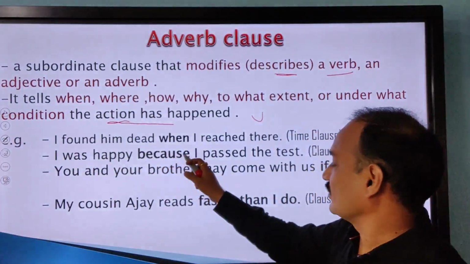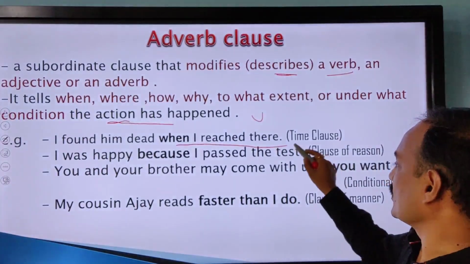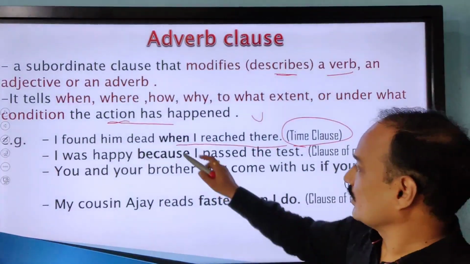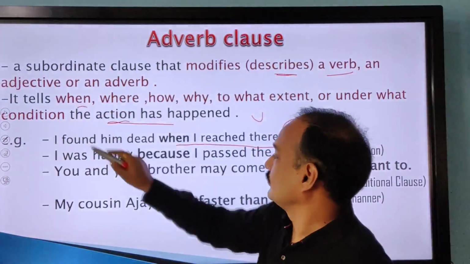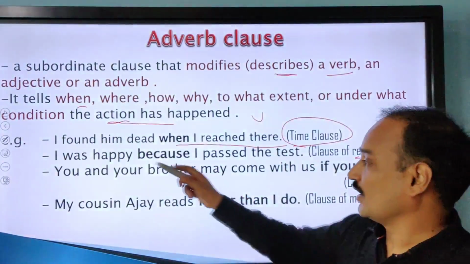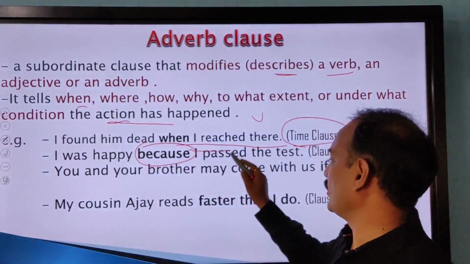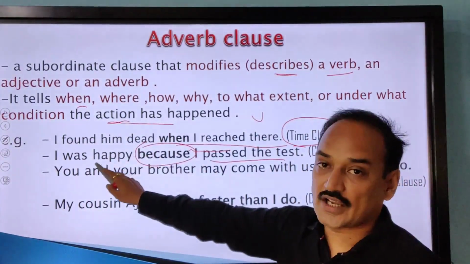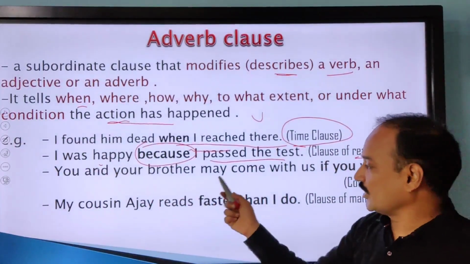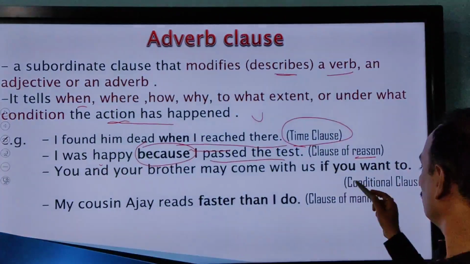I found him dead when I reached there. This is an adverb clause of time, meaning when. I was happy because, which means reason. I was happy. Why am I happy? Because, this complete clause is explaining this verb. You and your brother may come with us if you want to.